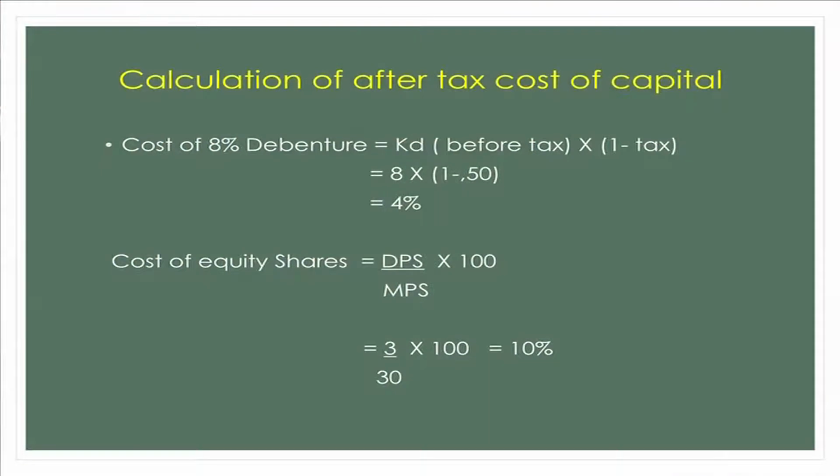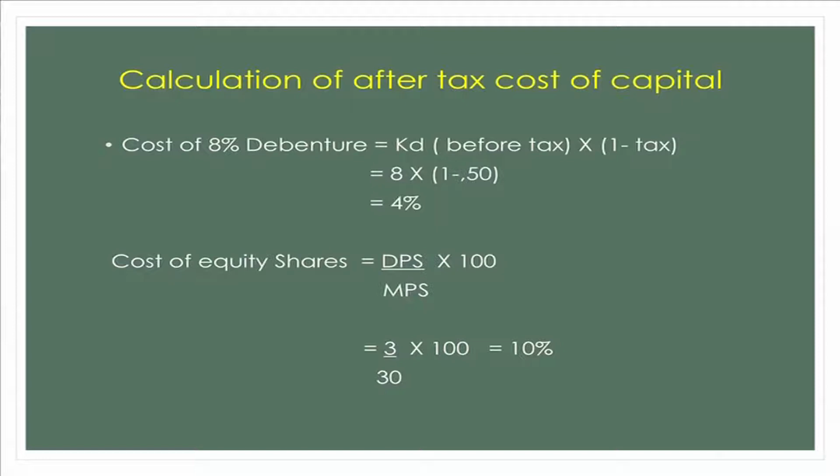So, we need to compute cost of equity share capital and retained earnings first. Here is the formula for computation of after tax cost of capital. Cost of 8% debentures: we use the formula KD, that is cost of debt before tax into 1 minus tax rate. So, 8 into 1 minus 0.5. We get the cost of debentures as 4%. It is after tax cost of debenture.